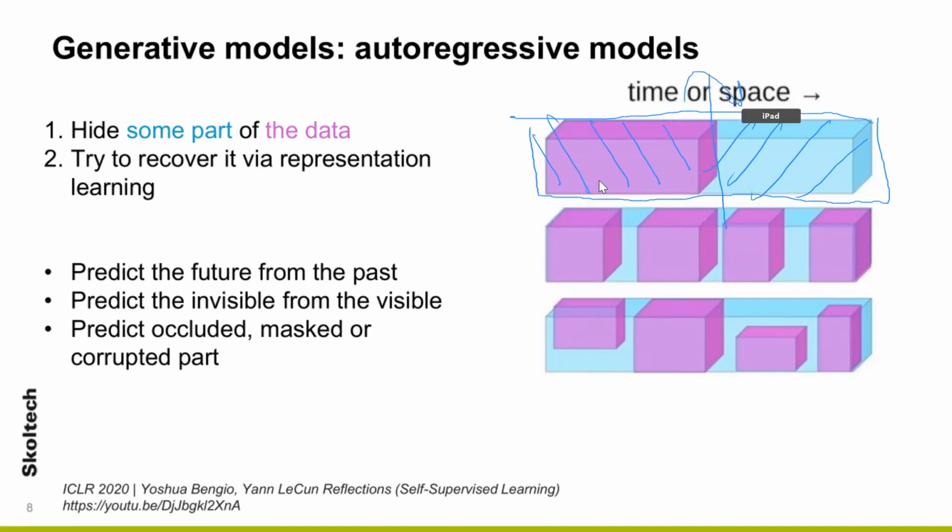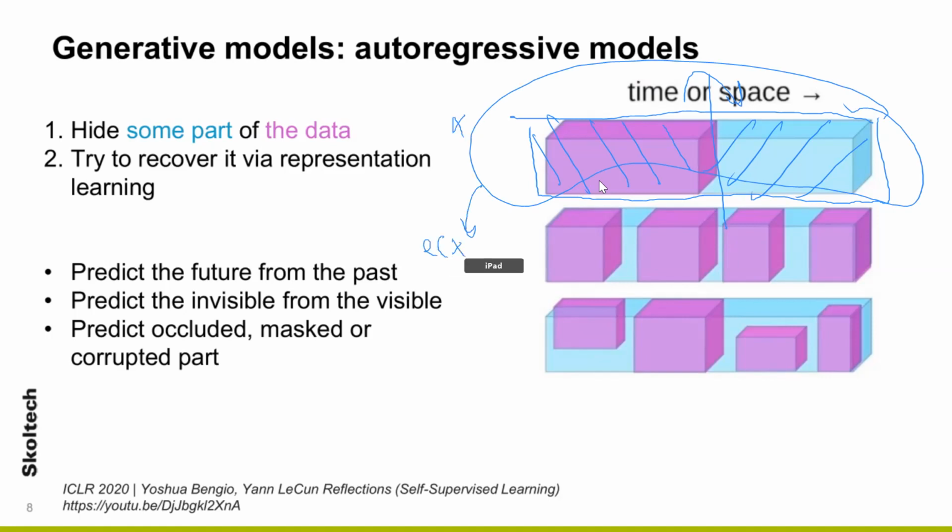And if we have this representation in between, then we have some representation for the whole image. If we go back and apply the same model to the whole data, to the whole object, then we have some representation of the object, encoder of X.